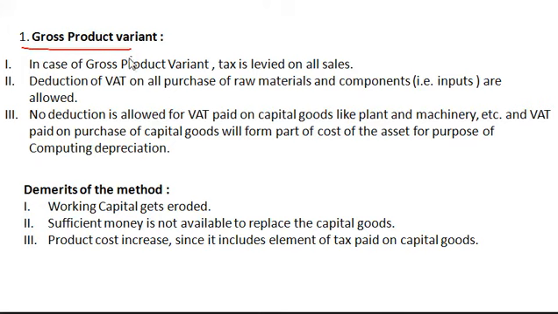Gross product variant. In case of gross product variant, tax is levied on all the sales which takes place within the states, that is known as intrastate sales.